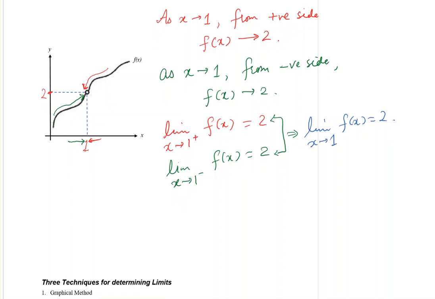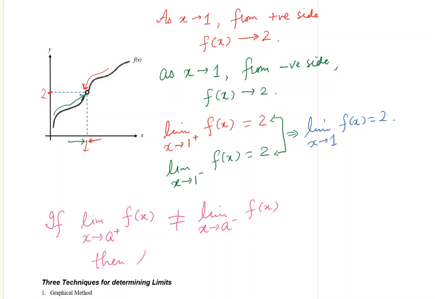But on the other hand, if our limiting values are not equal from both sides, then we say that the limit does not exist. So make a note: if the limit as x approaches a plus of f(x) is not equal to the limit as x approaches a minus of f(x), then the limit as x approaches a of f(x) does not exist.